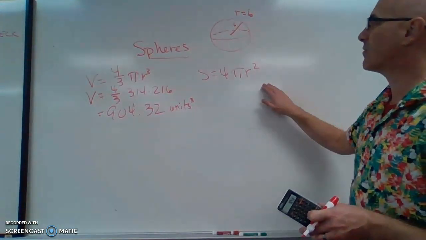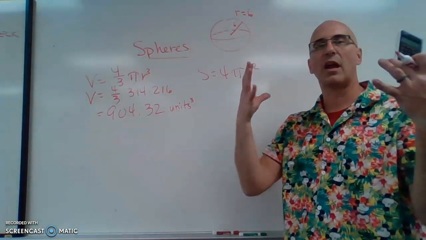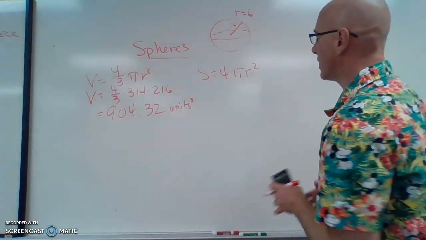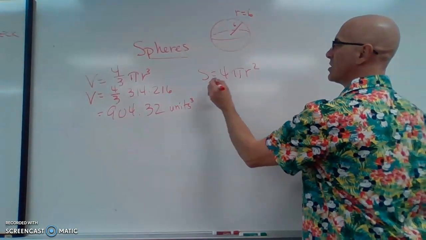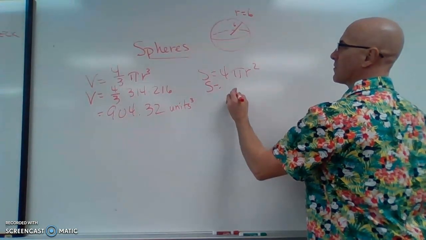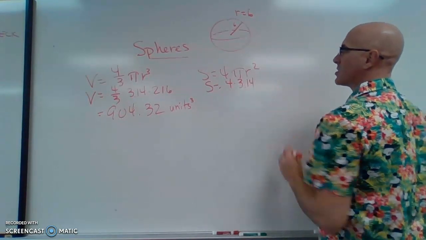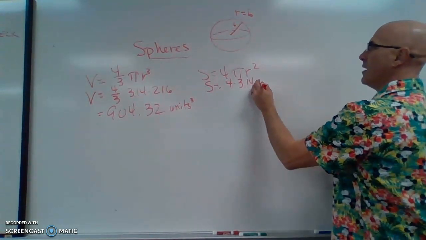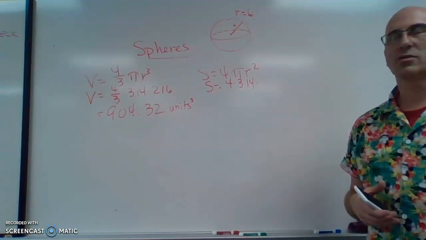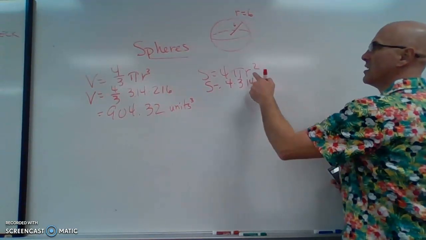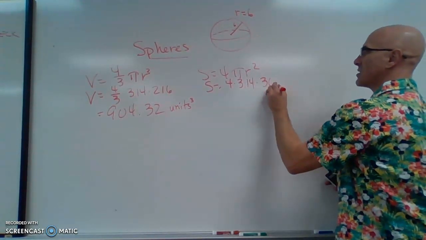Now, if I wanted to find the surface area, the area around the entire sphere, I'm going to use this formula. Surface area is 4 times pi, which is 3.14, times the radius squared. So the radius is 6. 6 squared is 36.